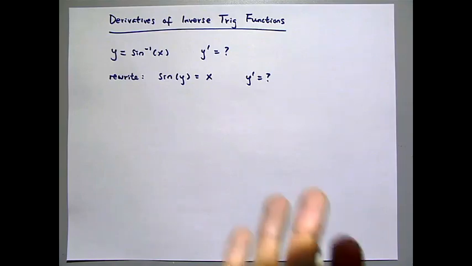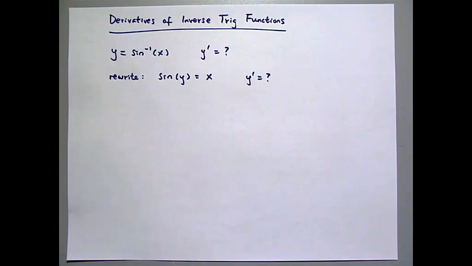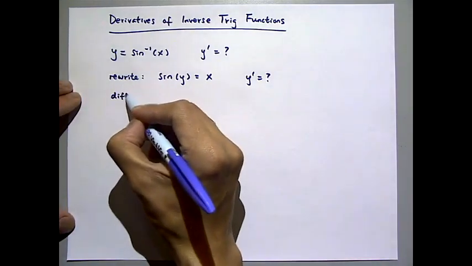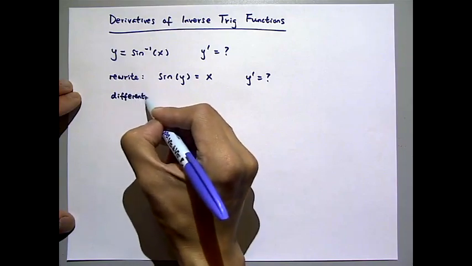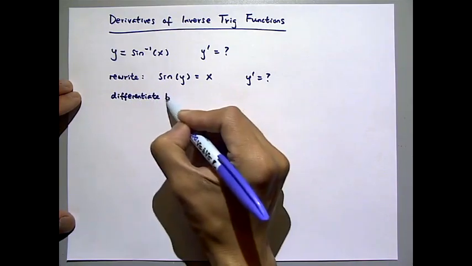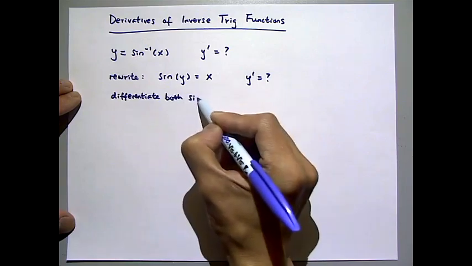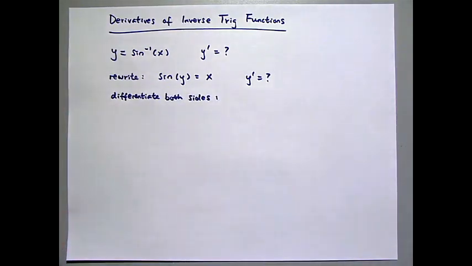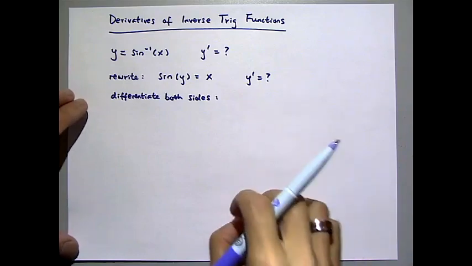Okay, now if you look at this thing here, this is really no different than what we have been doing. We have something implicitly defined. We start by taking the derivative on both sides as usual. Remember, every time you differentiate anything involving y, you got to remember that y prime needs to be multiplied in.